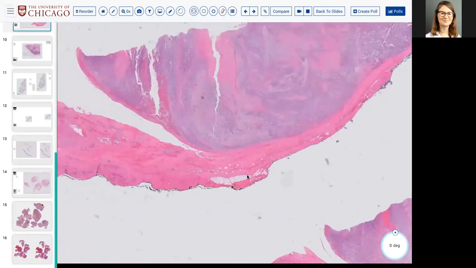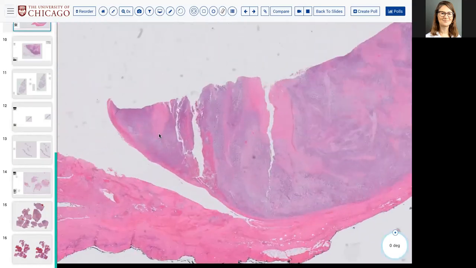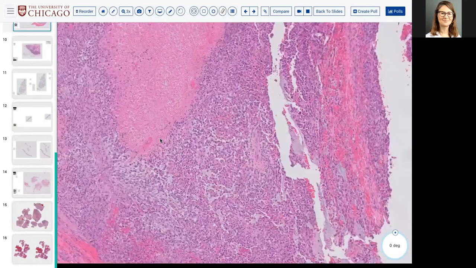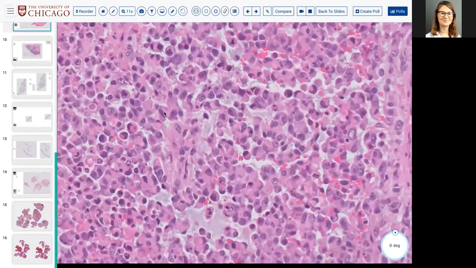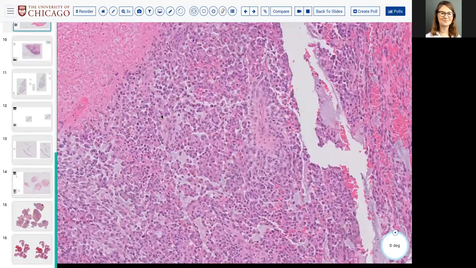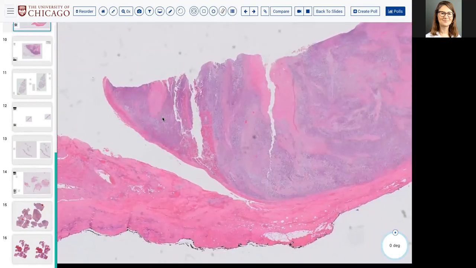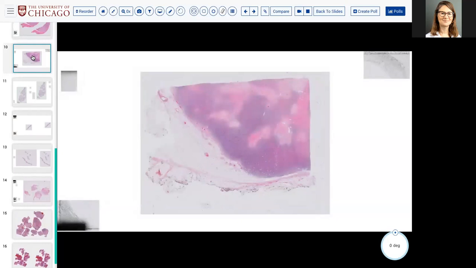Either way, it's essentially the same entity. But yes, you really have to drill down on the details, because you can't just rely on that low power circumscription. Great. Anybody else? Okay, well done, guys. Next case.